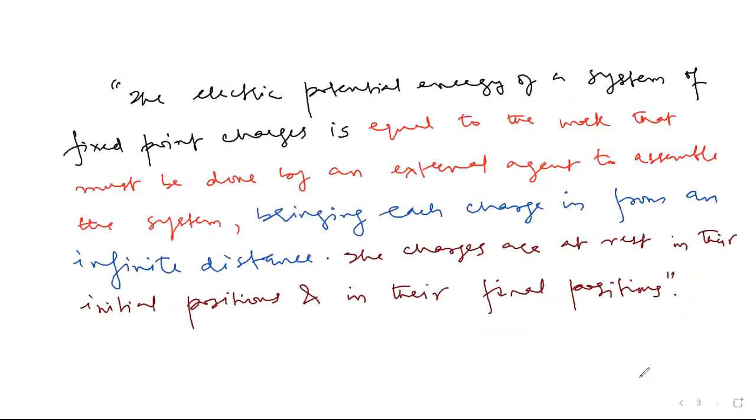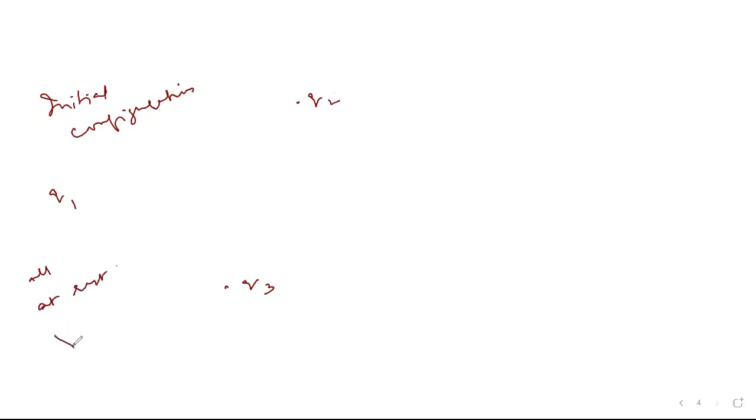That means if initially this is the initial configuration, Q1, Q2, Q3, all at rest and at infinite distance from each other, right?